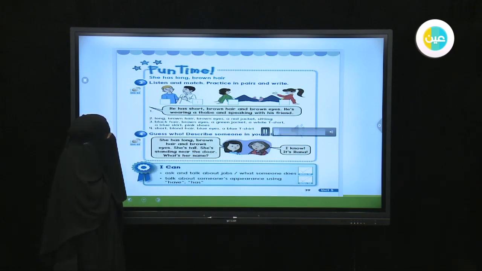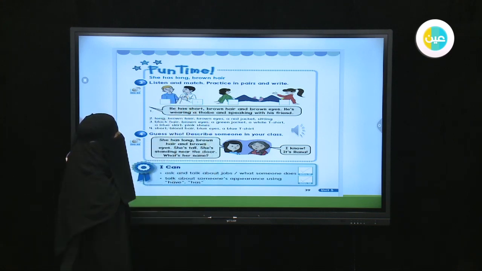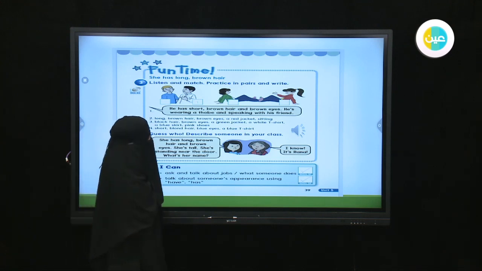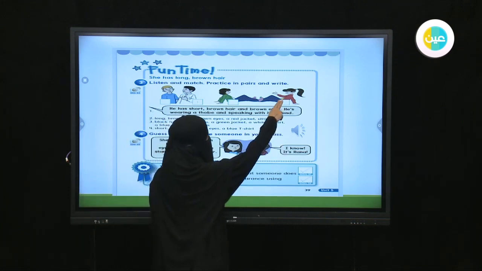Number 1. He has short brown hair and brown eyes. He's wearing a thobe and speaking with his friend. So this is number 1. Number 2. She has long brown hair and brown eyes. She's wearing a red jacket and sitting with her friend. So this is number, what do you think?